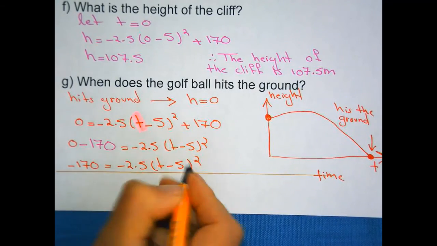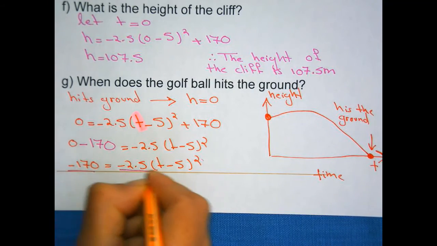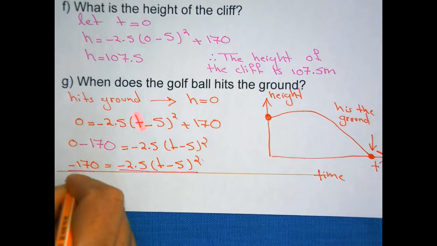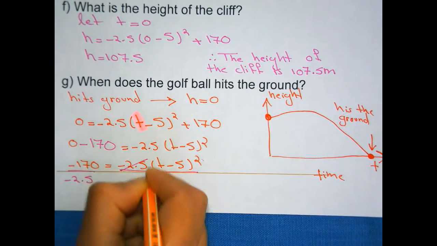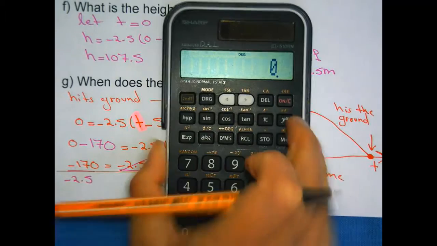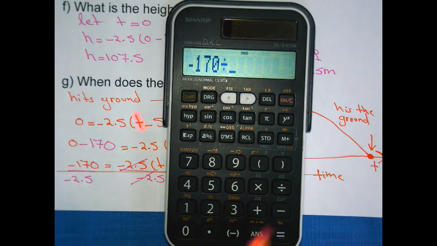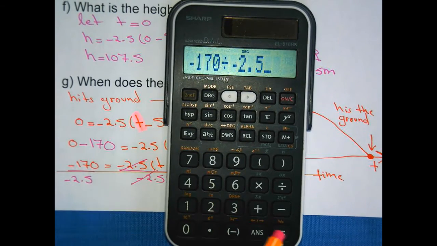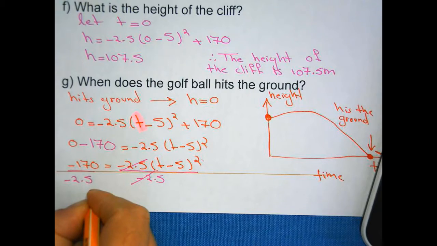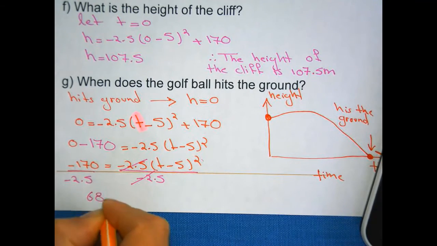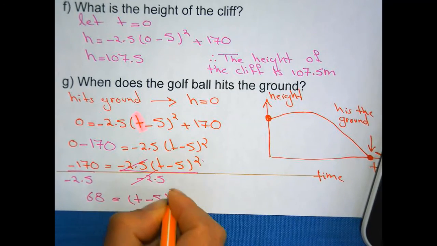Since this is being multiplied, we divide both sides by negative 2.5. Negative 170 divided by negative 2.5 is 68. So 68 equals (t minus 5) squared.